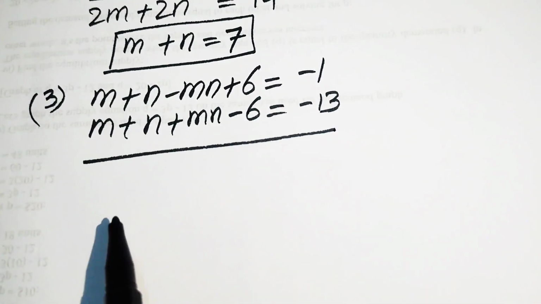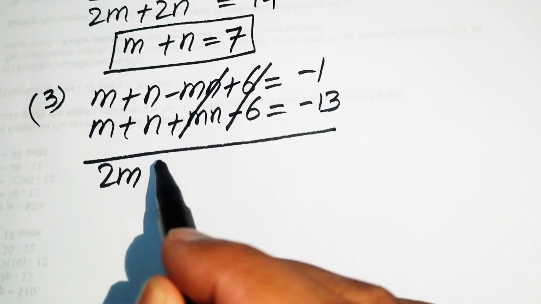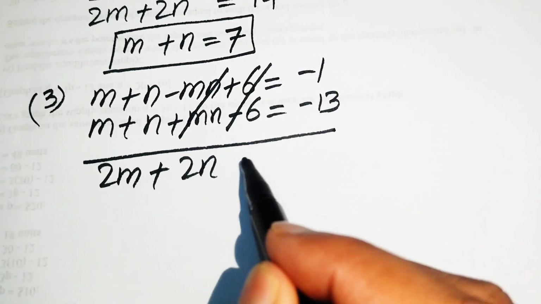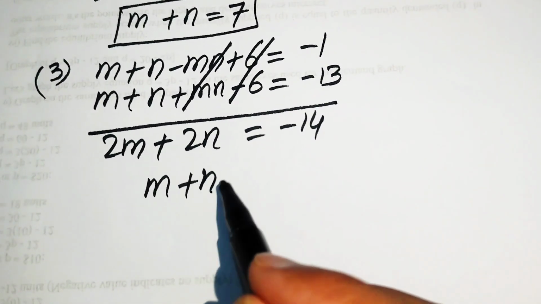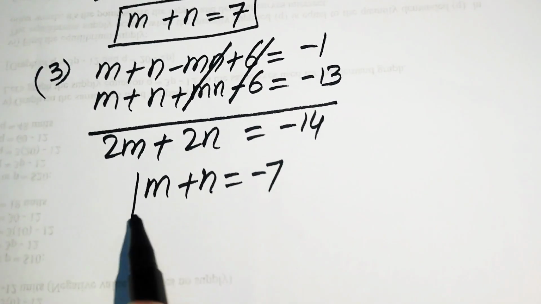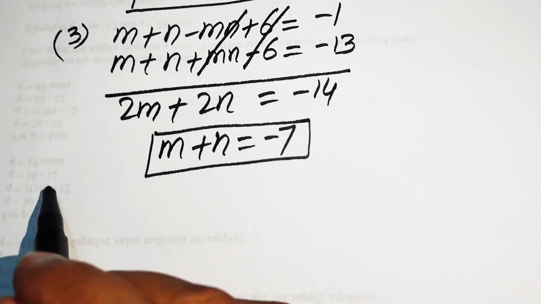So again we add these two equations, cancel these terms, and we get 2m plus 2n equals minus 14, and you get the value of m plus n equals minus 7. So in the third case you get the sum of these two numbers as minus 7.